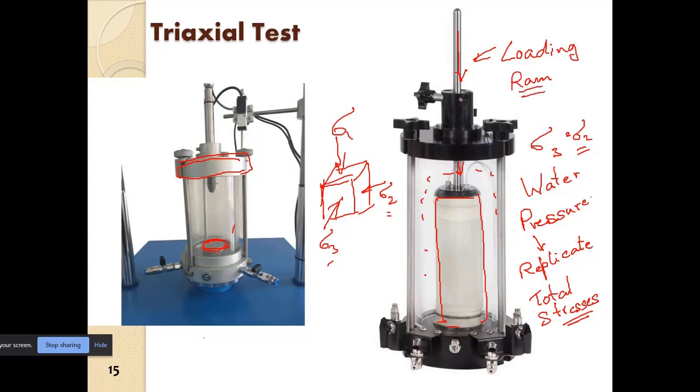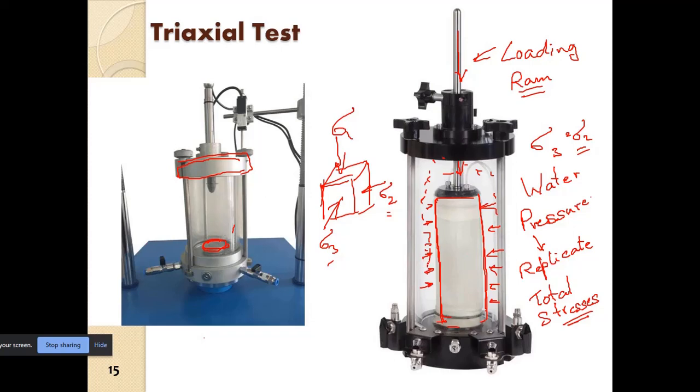The basic concept is that we can apply sigma 3, the confining total stresses, onto the element using the water pressure inside the cell. And this sample is encased in a rubber membrane, so the water inside the cell cannot go into the soil.